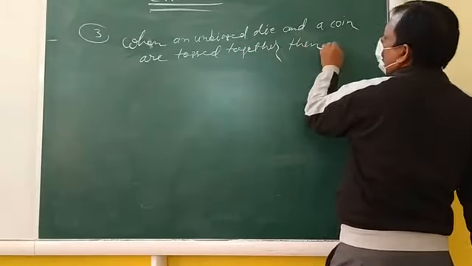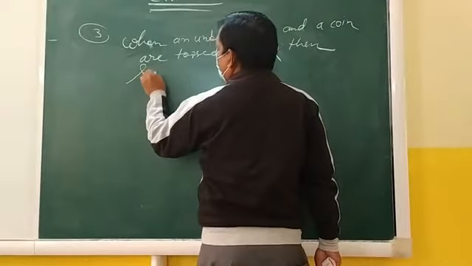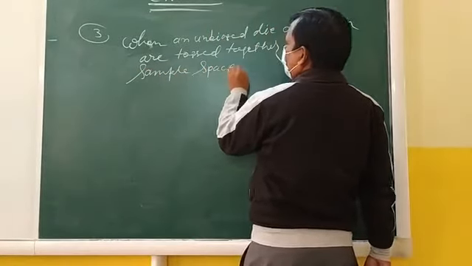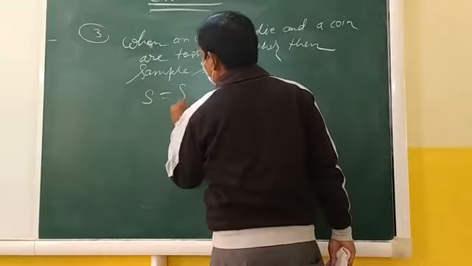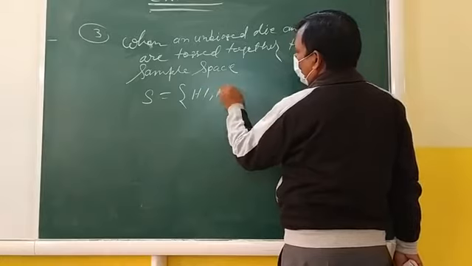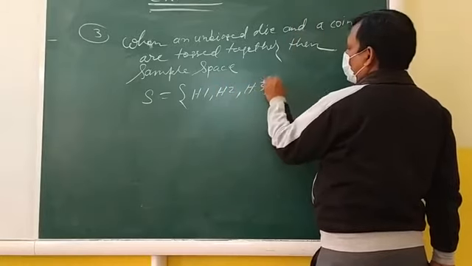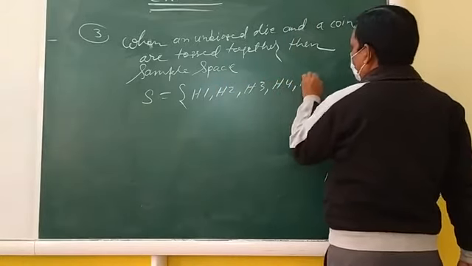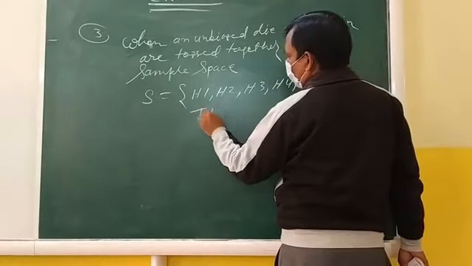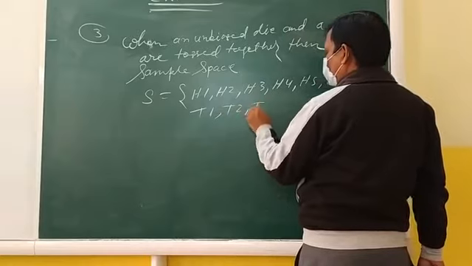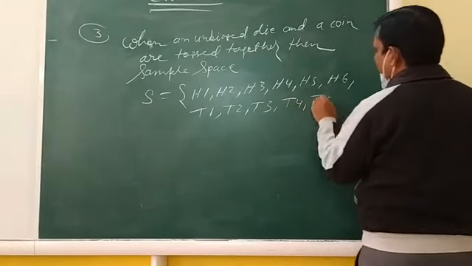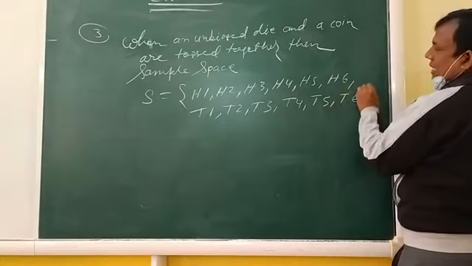Then the sample space will be head 1, head 2, head 3, head 4, head 5, head 6, tail 1, tail 2, tail 3, tail 4, tail 5, tail 6.